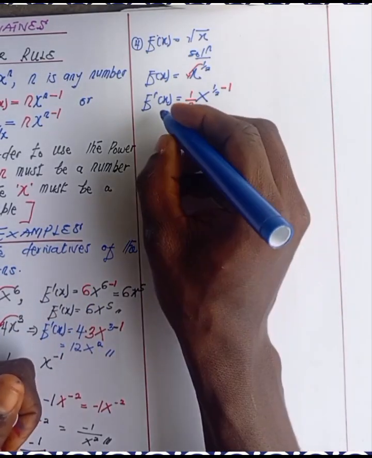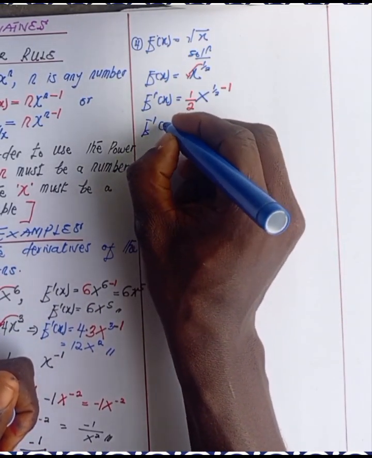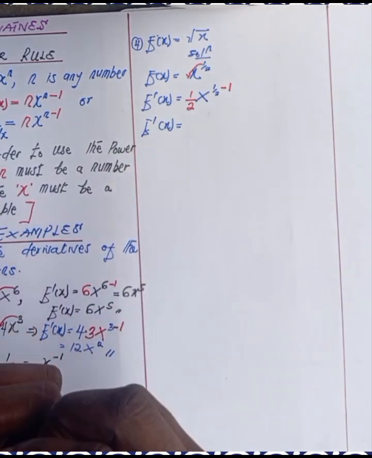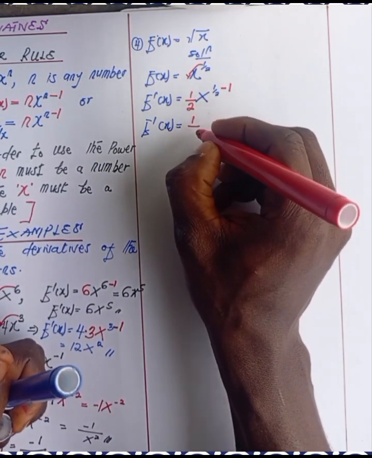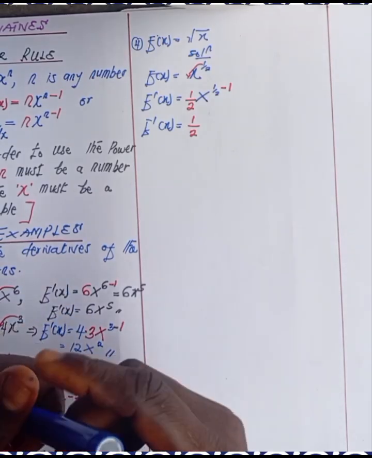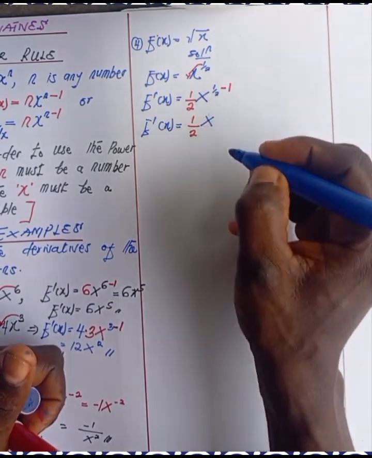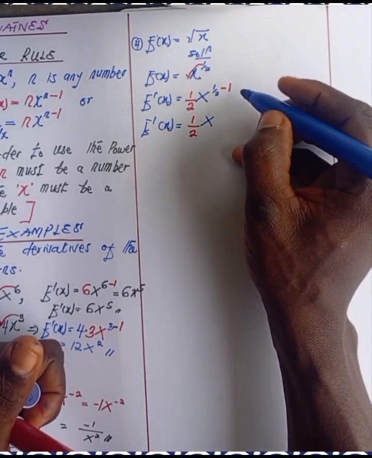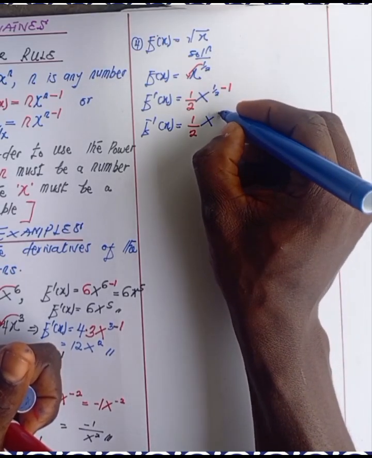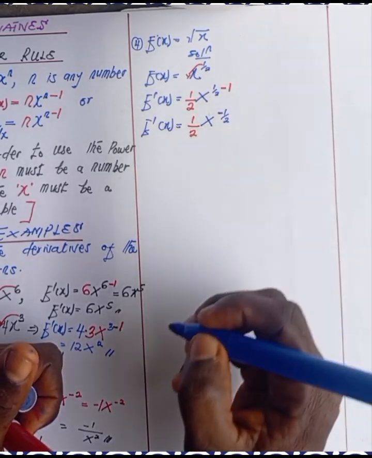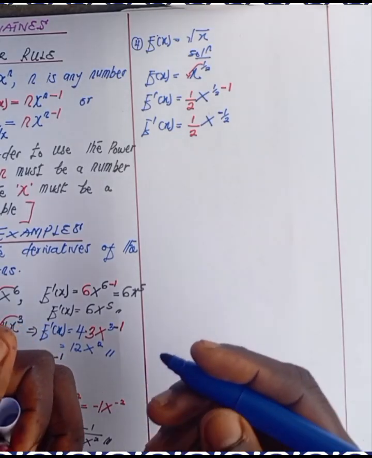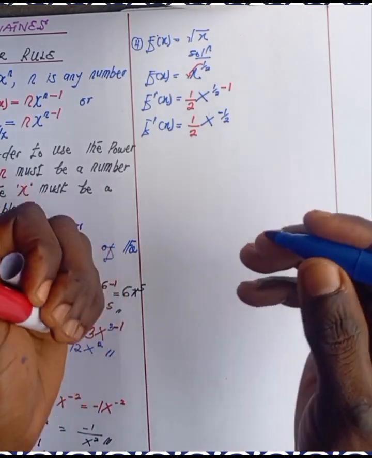At the end, the derivative f prime of x is going to give us 1 over 2 times x exponent half minus 1, which gives minus half. Good. And this is the derivative, but we can simplify it to make it look nicer.